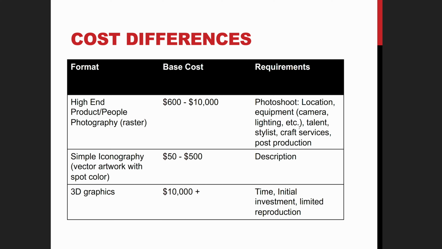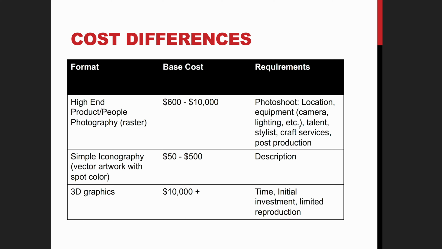So which one would you use? So this is kind of just a basic example of what the cost difference could be. Obviously, depending on who you know and what time it is, can make all this change, but this is just a general look at it. So if you're wanting to do a raster image for a product, so let's say you work for a company and you want to create an advertisement and you want to have a photograph that is used, right?